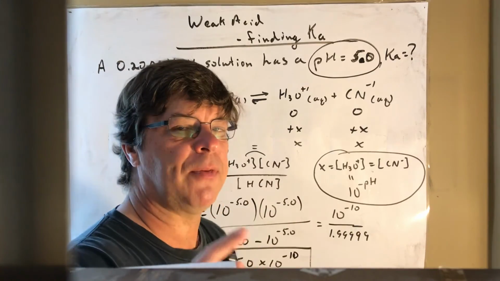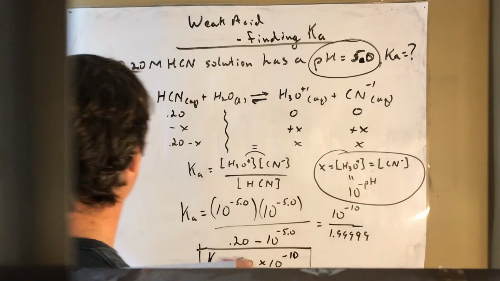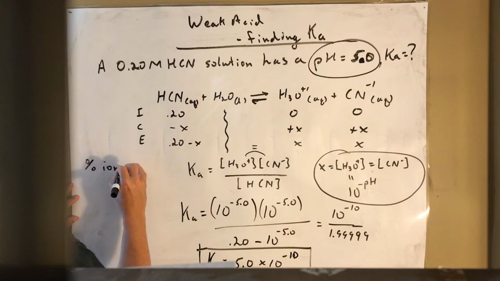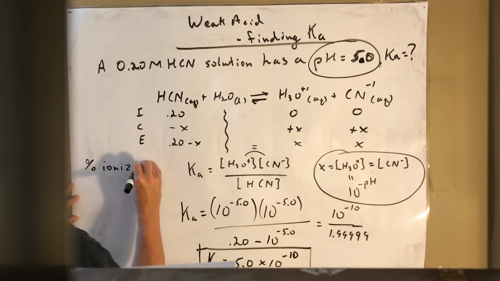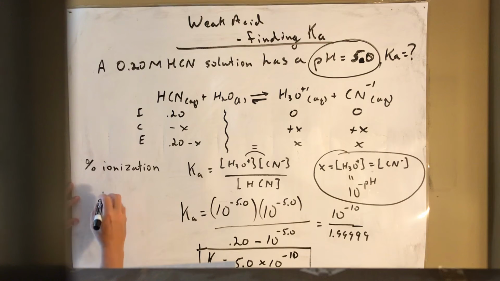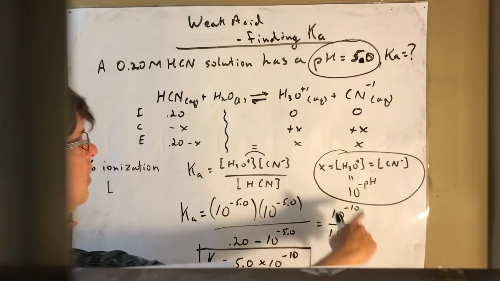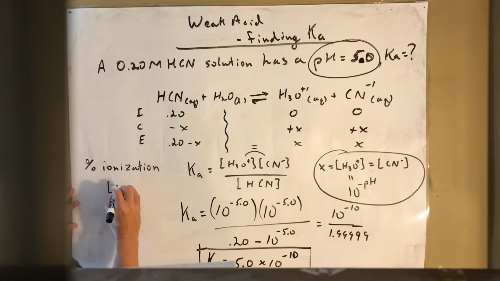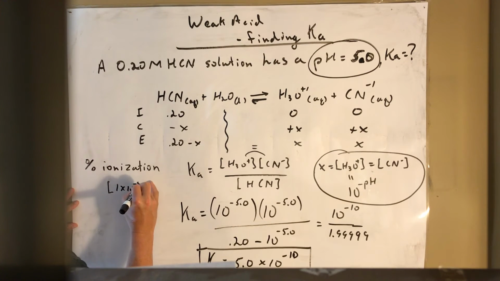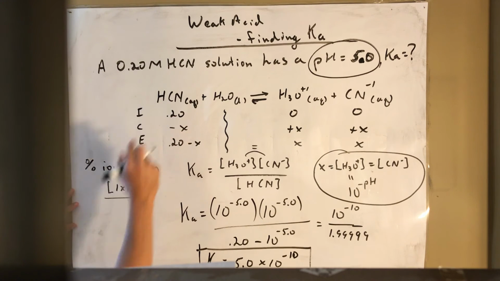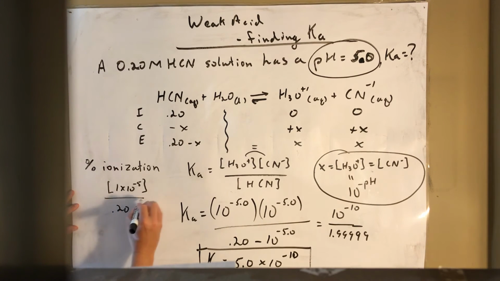Let me show you how to figure out the percent ionized. So the percent ionization. Okay, so that's going to be the concentration of hydronium ions right here, 1 times 10 to the negative 5th, excuse me, divided by the original concentration of the acid, 0.20, times 100.